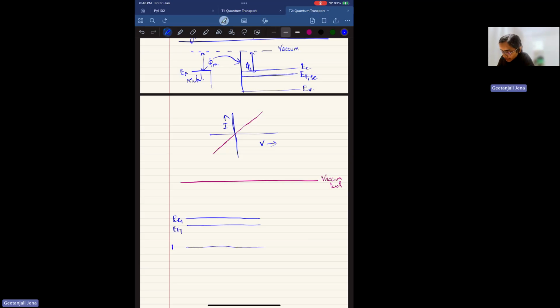This is the valence band. So that means this will be the band gap energy for the first side, and the difference from vacuum to the conduction band is the electron affinity chi 1, and the difference from vacuum level to the Fermi level is the work function. Similarly, for the second case, let's say we have electron affinity.